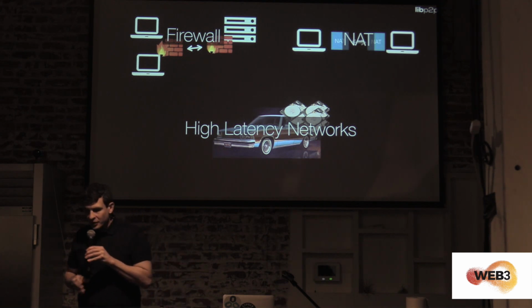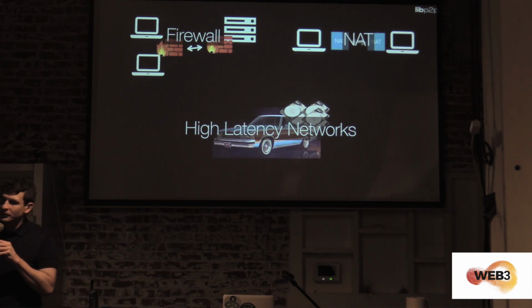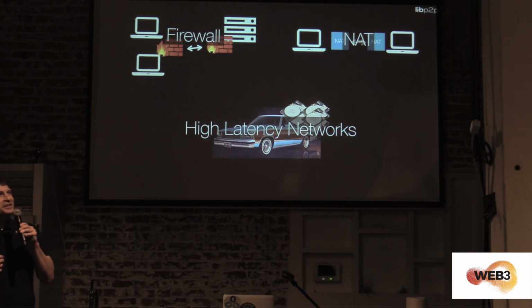There are some other challenges going on right now that I think are a little less dramatic than nuclear war, but are no less important. So I'm just going to briefly run through a few of them. The first one is firewalls. There are a lot of firewalls on the internet that prevent two peers from being able to communicate with each other, even when they're both quote-unquote online.